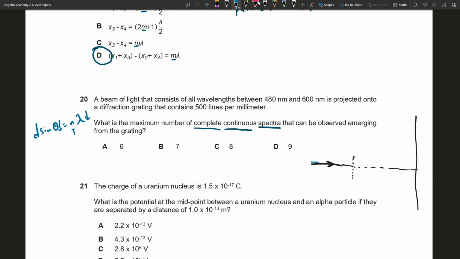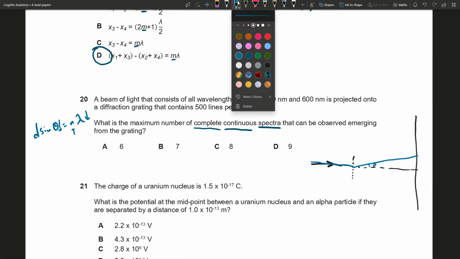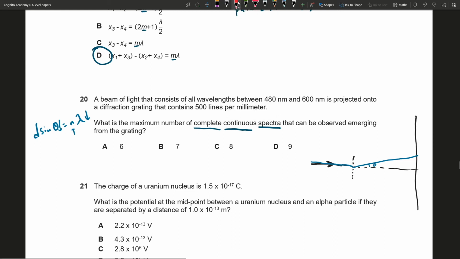So let's say we have a blue light that comes here, and then it hits the wall here at some angle theta. Then let's take another color with a longer wavelength. Let's say red. Red has a longer wavelength than blue. So we start off here, red. And because the wavelength increased, sine theta will also have to increase. That means theta will have to increase. That means this is a bigger angle for the same order of diffraction.